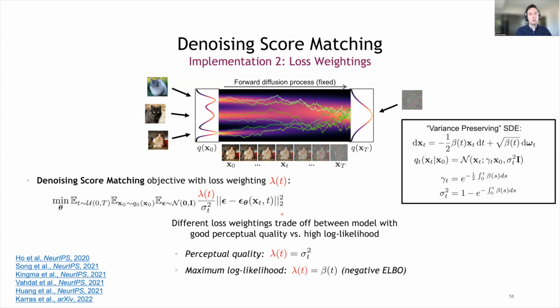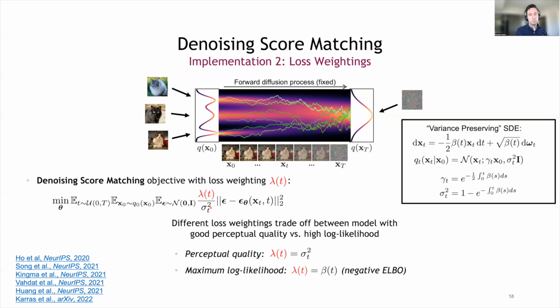And it turns out that different loss weightings trade off between models with good perceptual quality, where the images that you can generate look pretty and sharp, versus high log likelihood. For instance, if we choose lambda of t to be exactly this variance of the forward diffusion process to cancel out the variance in the denominator, then this objective leads to good, high perceptual quality outputs.